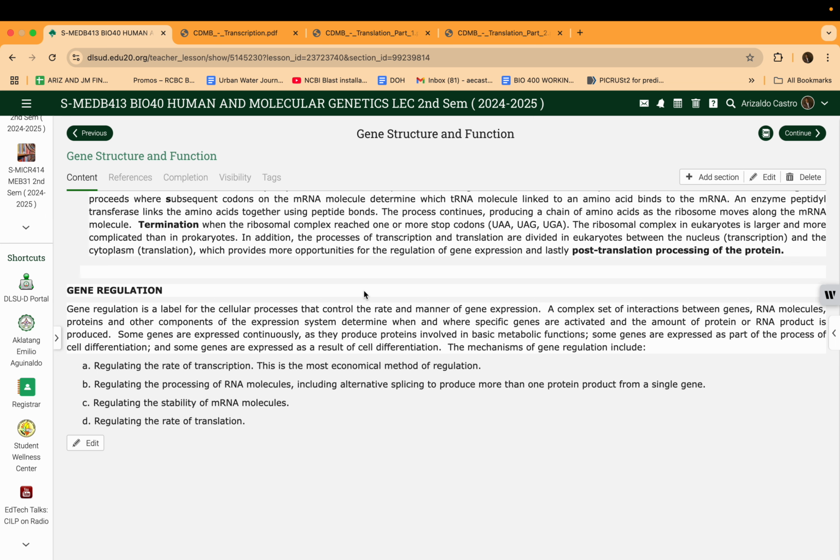Essentially, the process will dictate the rate at which final products are produced. The mechanisms that are important in carrying out gene regulation include the following.